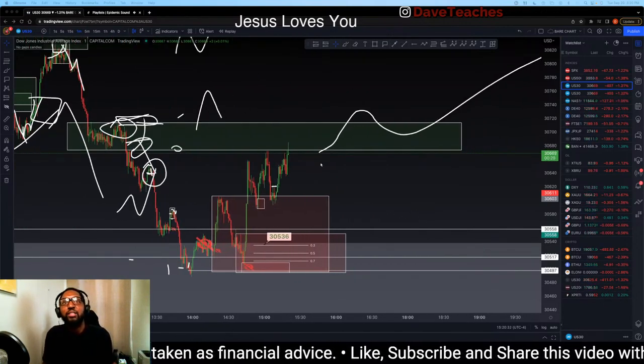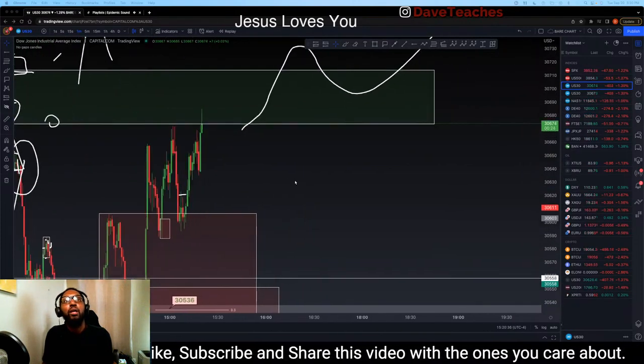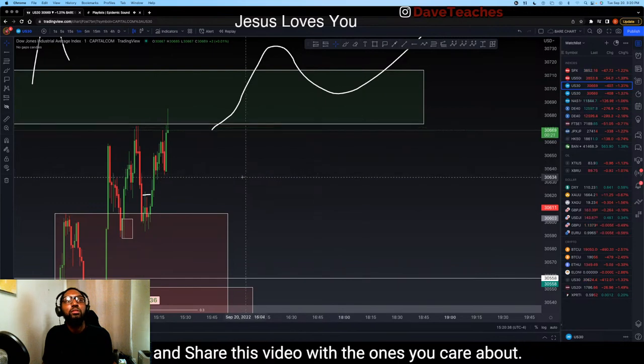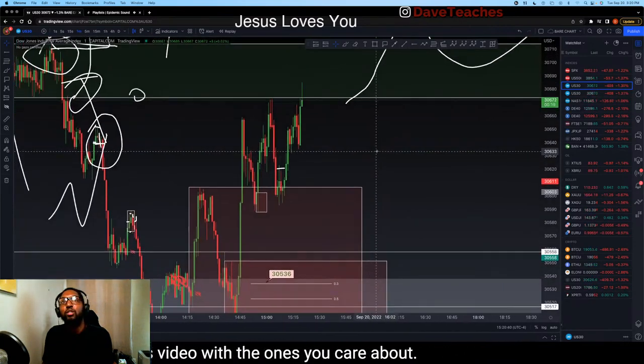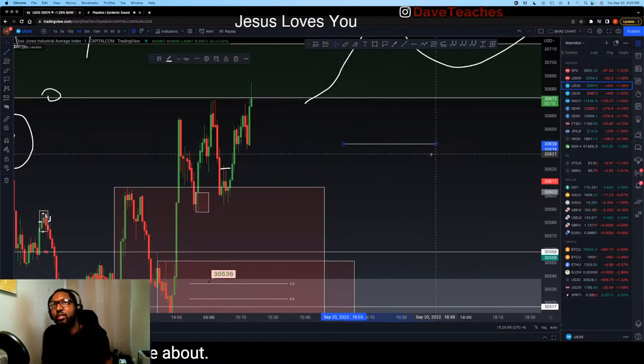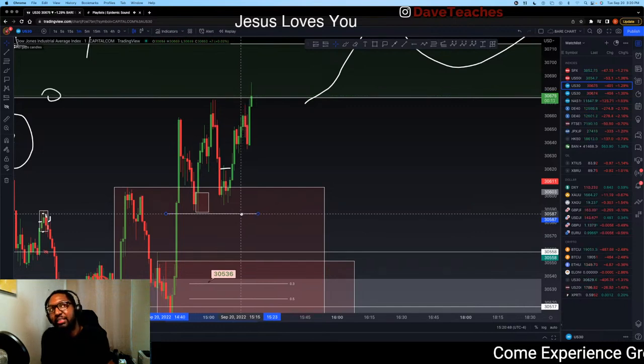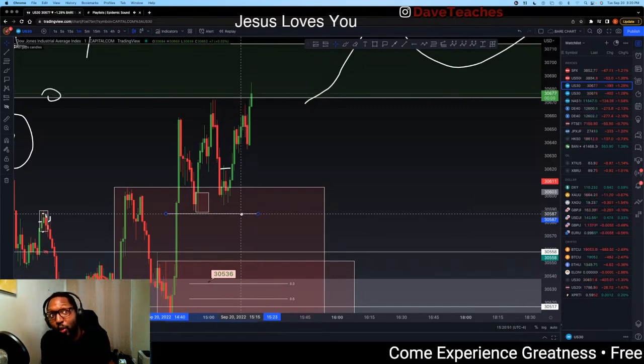So look, you see how we got to tap into here? Let's see what we get here. I hope you guys are trailing these lows. Remember what we talked about: trailing the structural lows versus the candlestick lows. Candlestick gives you a faster entry in the breakdown of price, but the breakdown needs to be within a zone or an area.